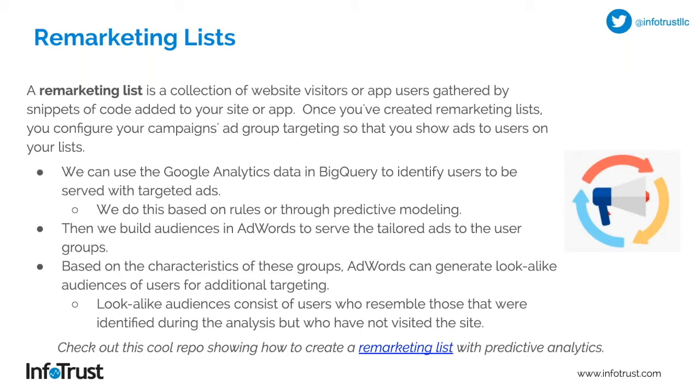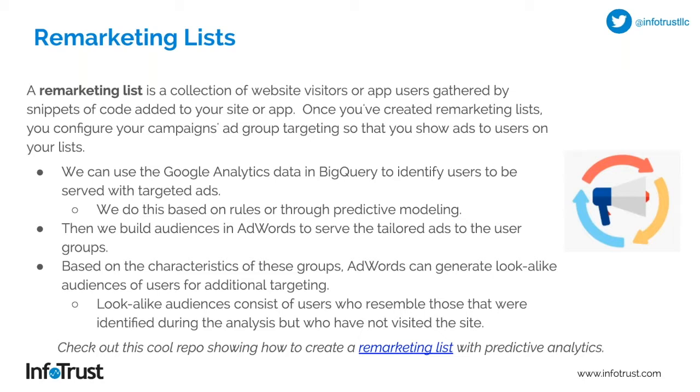Then, based on the customers that are most likely, you can create a remarketing list just for them so that they can be targeted with custom messaging. So maybe you want more aggressive messaging for them because you know that they really look like a customer that would convert. So this was really cool.